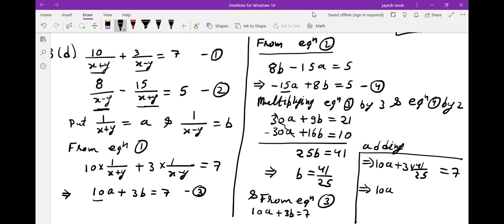It implies 10a plus 123 by 25 equals to 7. It implies 10a equals to 7 minus 123 upon 25. Are you all there?